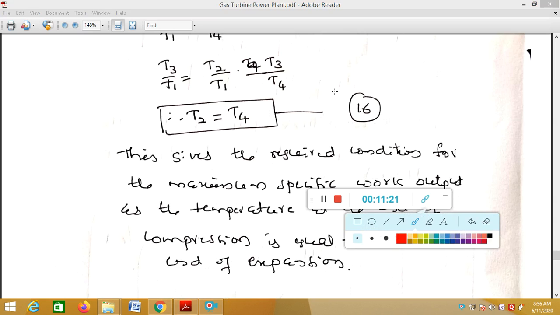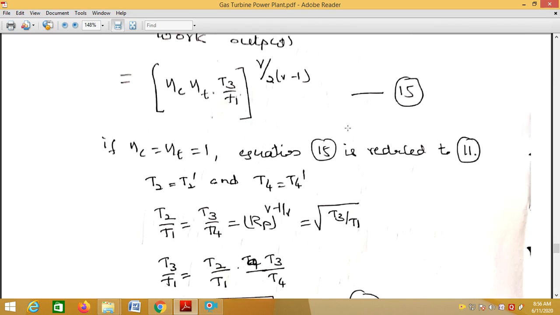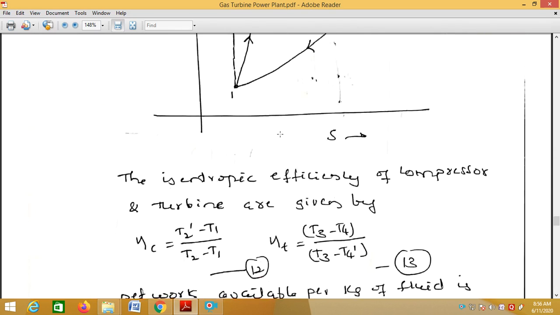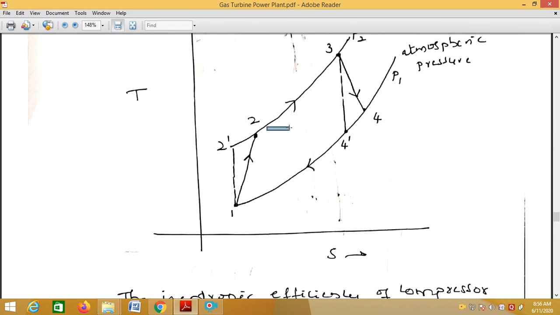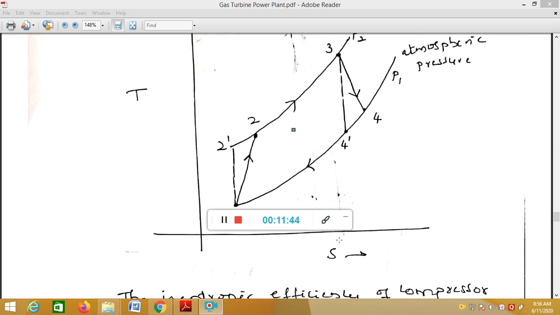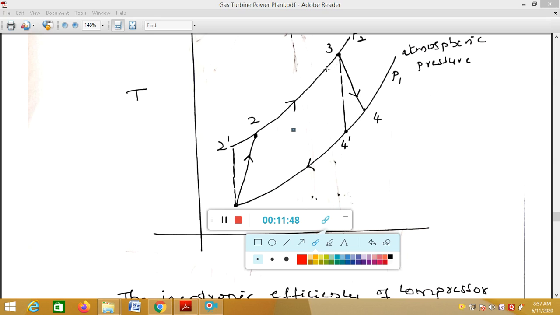This is the condition for the maximum specific work output, T2 equal to T4.